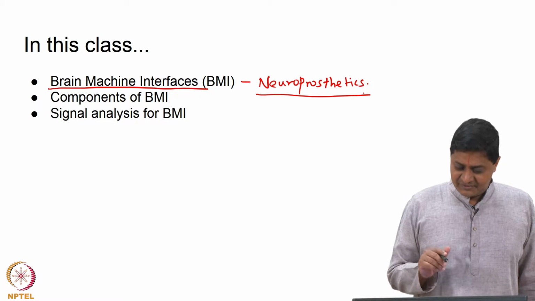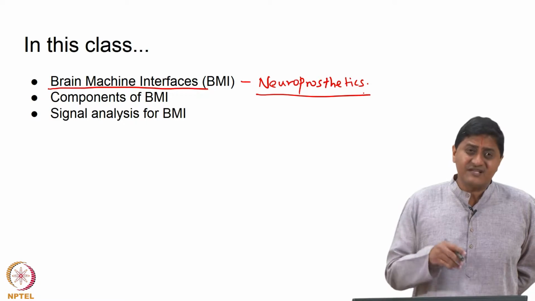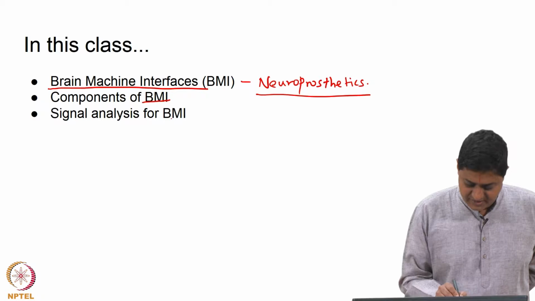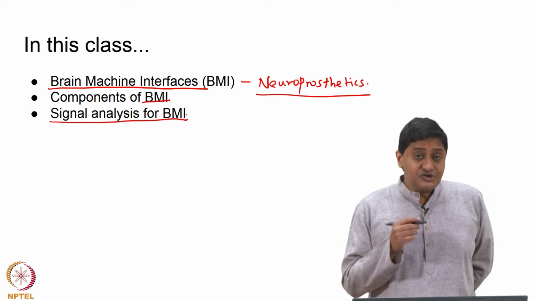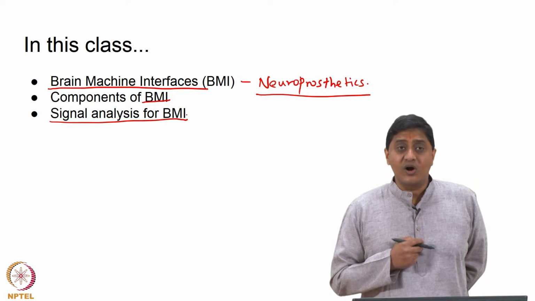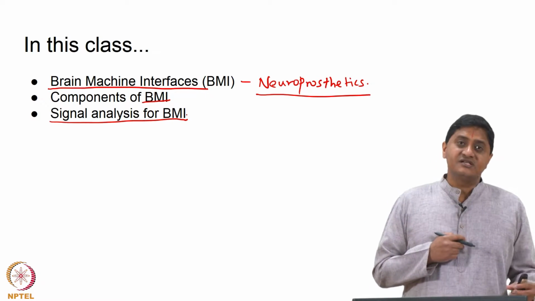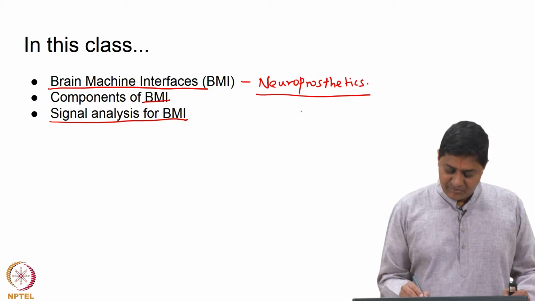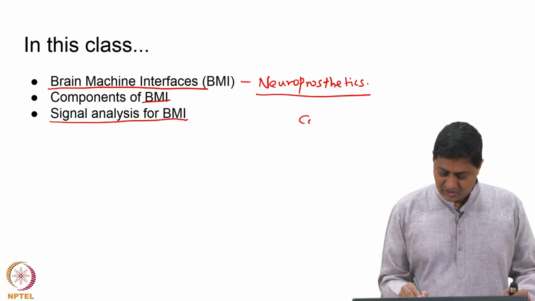So, this topic is neuroprosthetics, and there are several components of brain machine interfaces and how to perform signal analysis from them. Fortunately, a substantial amount of progress has been made within prosthetics, not necessarily in movement generation, but in a different field: the prosthesis of the auditory system, for example, cochlear implants.